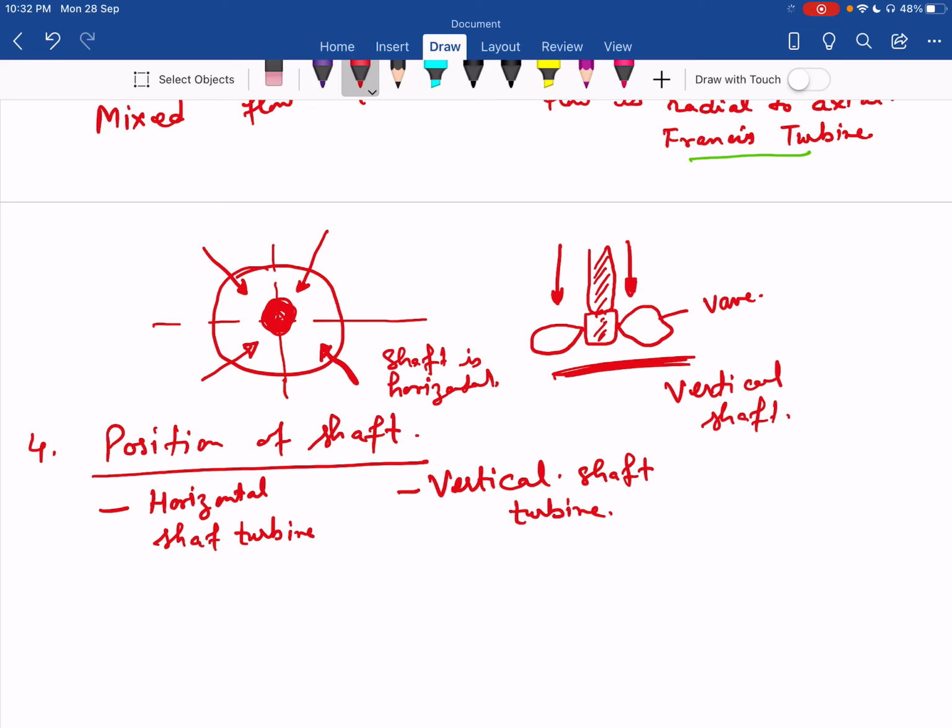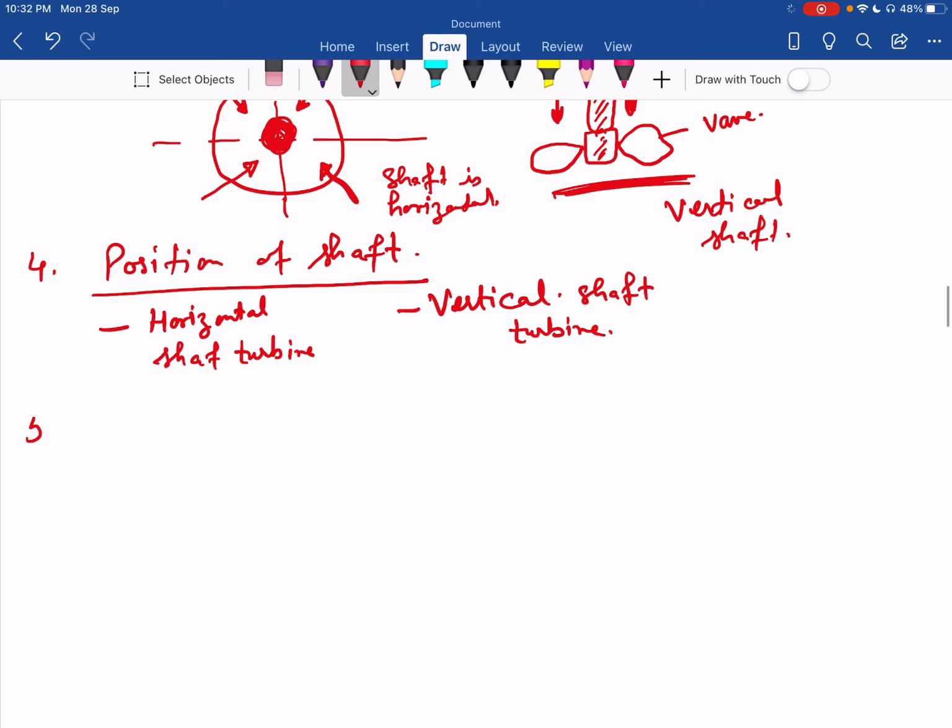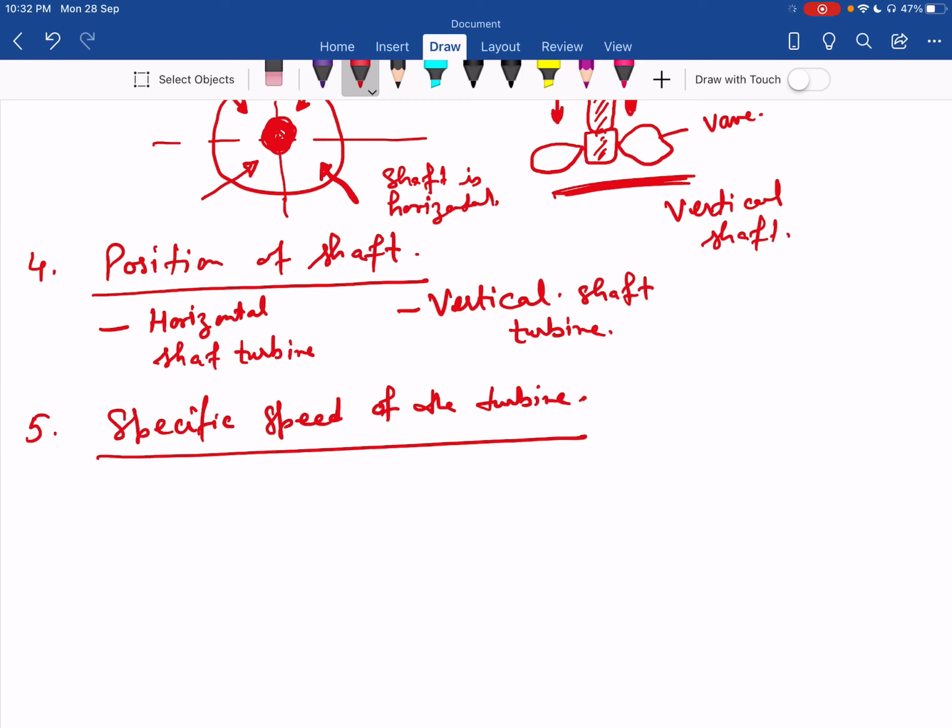And the fifth classification is on the basis of specific speed. Now I define the specific speed.